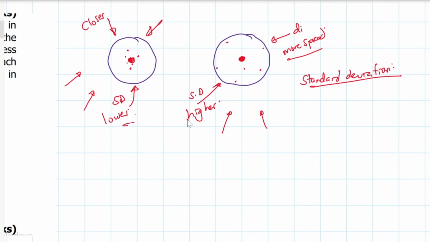If you compare the two, you'll find that maybe the standard deviation of this is, let's say, 2, and here maybe it is 6. Now, the interpretation is that the standard deviation here shows that this is more spread. The targets are more spread from the bull's eye compared to that. I think you get what I mean.